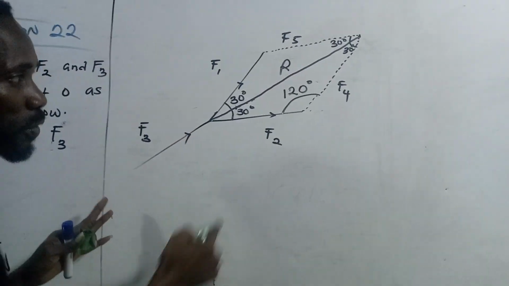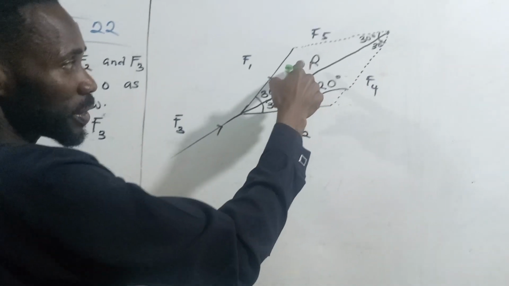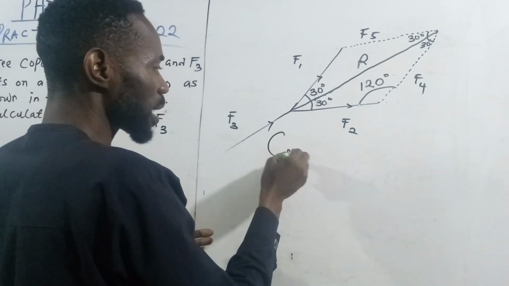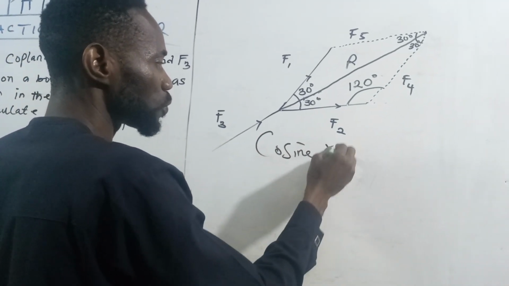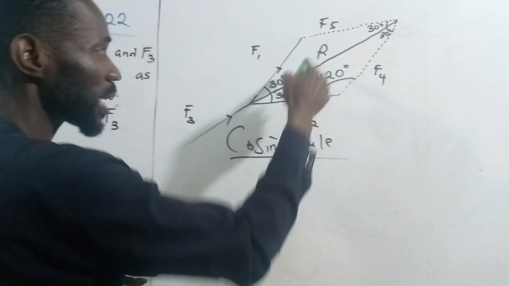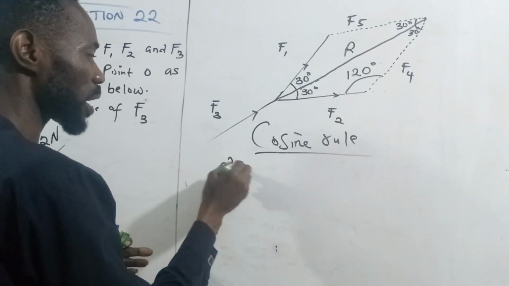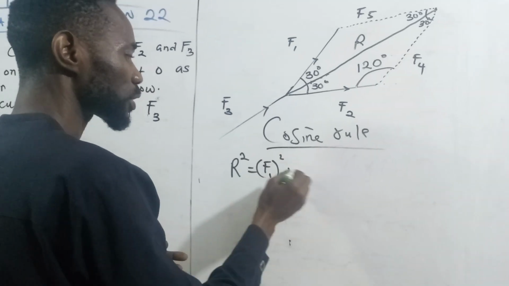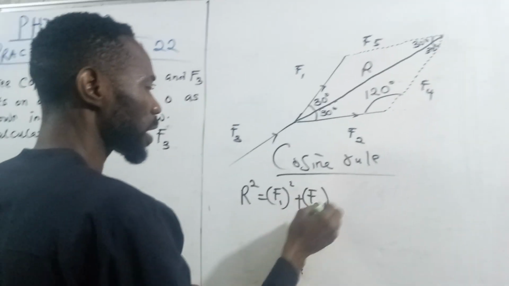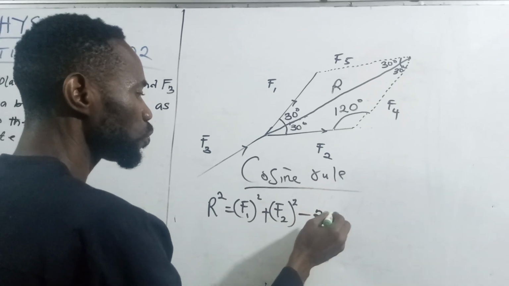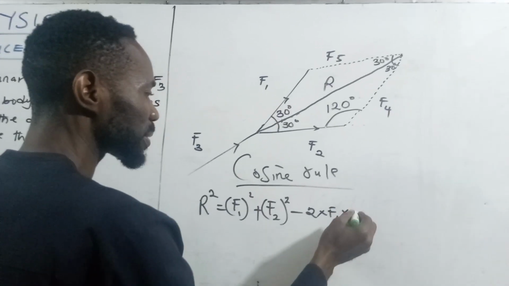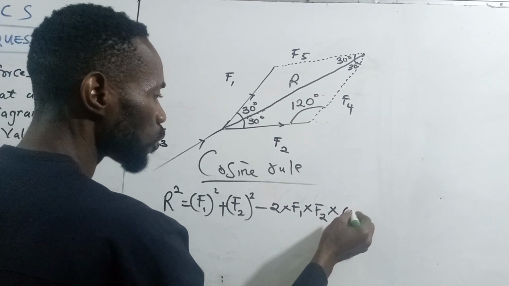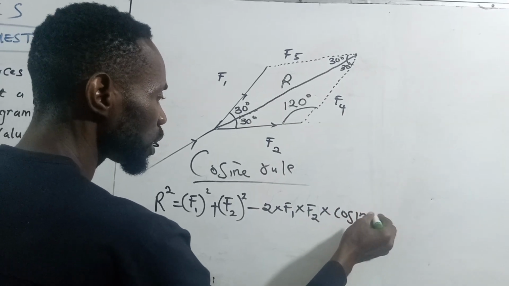Now we are looking for the resultant. To get the resultant, let's use the cosine rule. Using the cosine rule, our resultant R squared will be equal to F1 squared plus F2 squared, minus 2 times F1 times F2 times cos of the angle between them, which is cos 120 degrees.